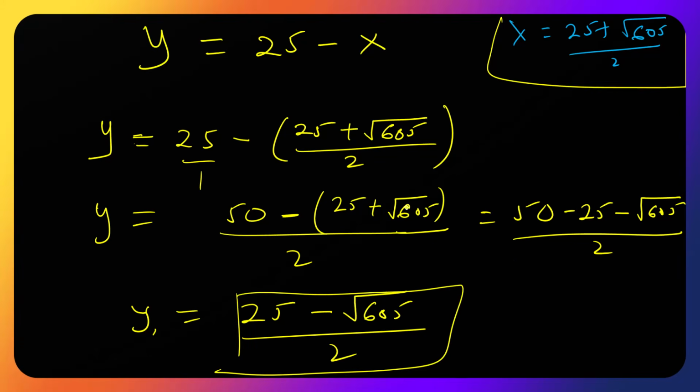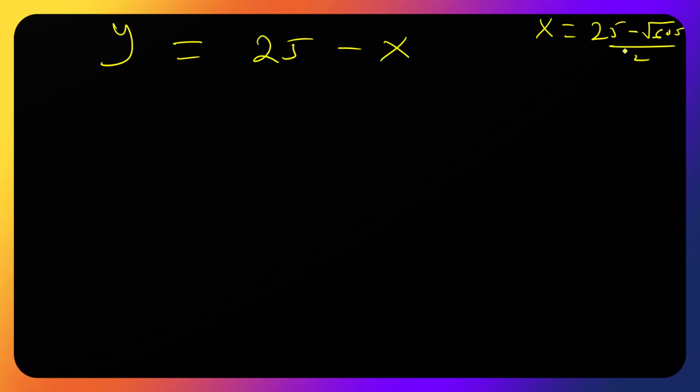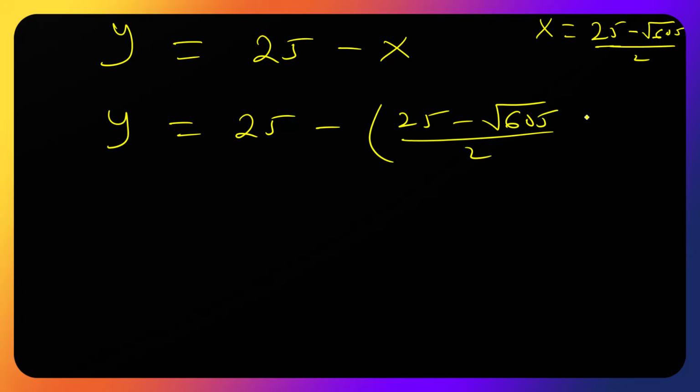Okay, so let's look at the other one. y equals 25 minus x. Now when x is 25 minus the square root of 605 on 2, so let's observe this. That will be y equals 25 minus 25 minus the square root of that on 2.